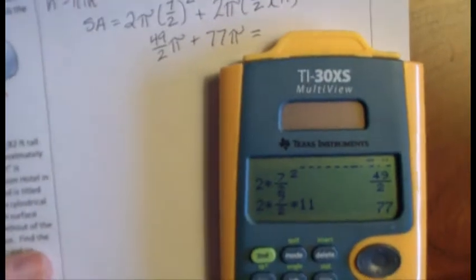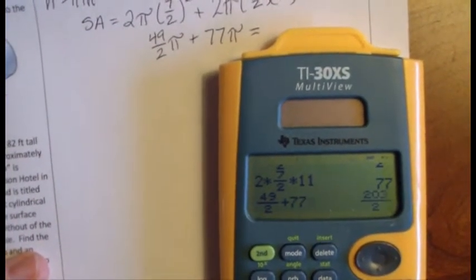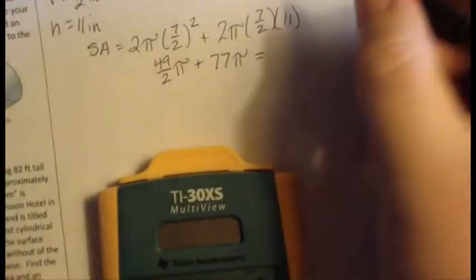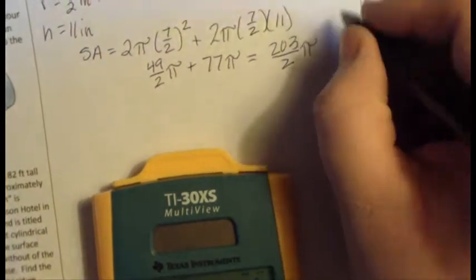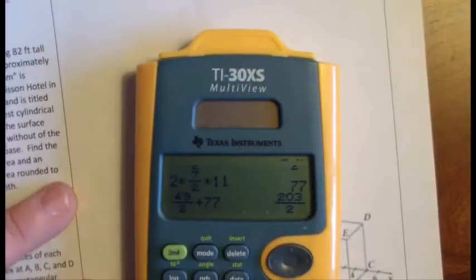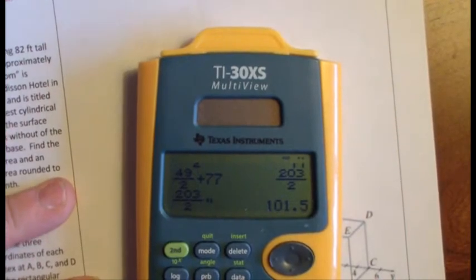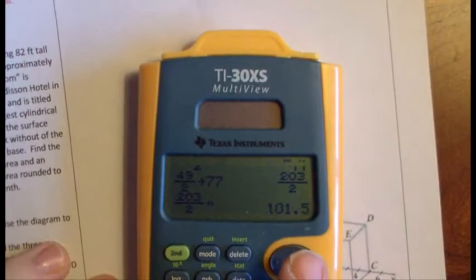So 49 over 2 plus 77 is 203 over 2 pi inches squared. And if you did that with decimals, that would be 101.5 pi for your exact solution.